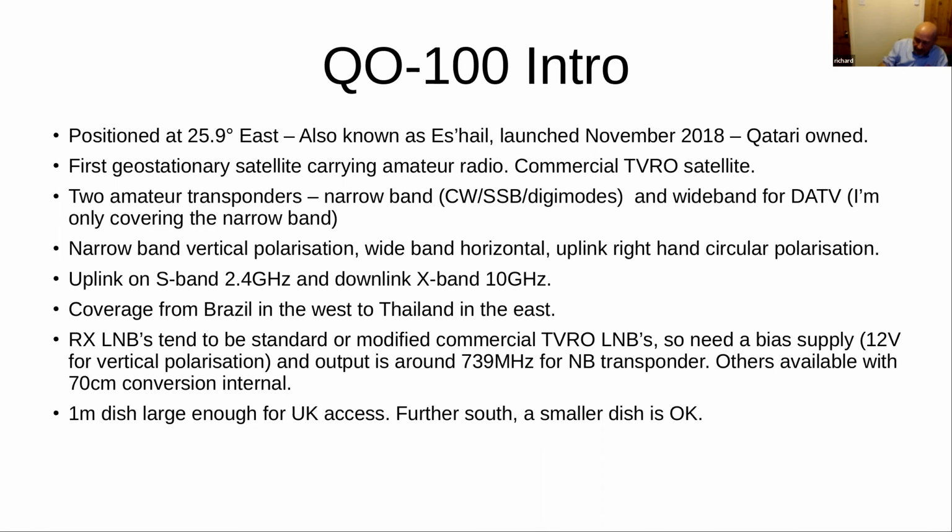Basically, you can start to listen to the thing. Most LNBs will give you a 739 megahertz output, but there are some others from, for example, Kuhne, which will give you 70 centimeters direct from the LNB. So it really depends on what you want to do.